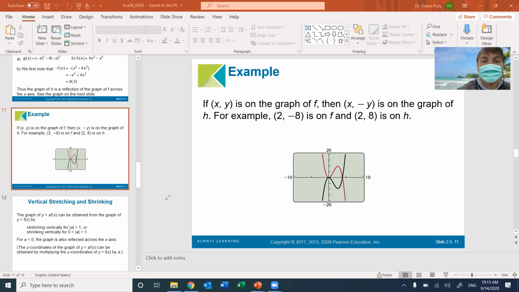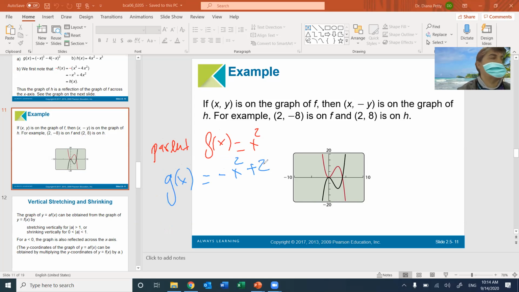If the parent function was x squared, I want to make a function g of x which is flipped, upside down, and then 2 units up.